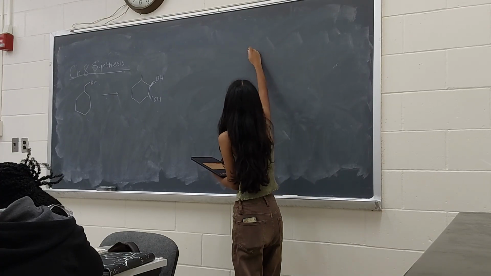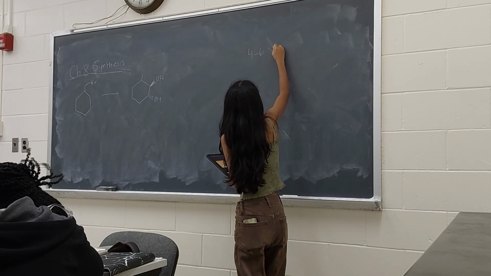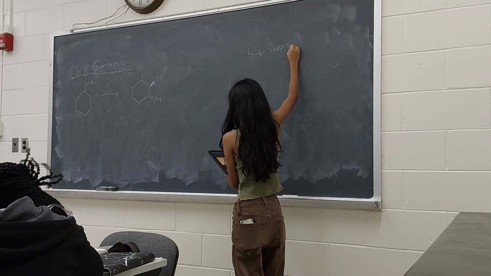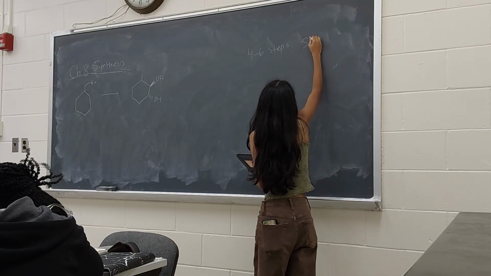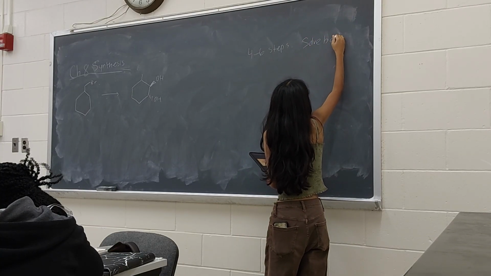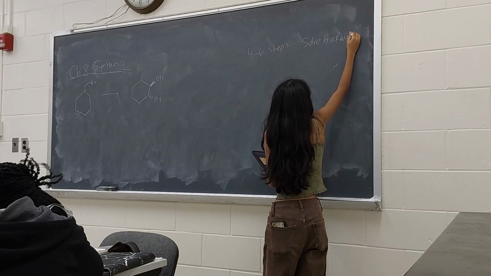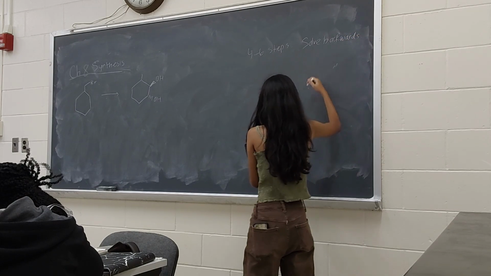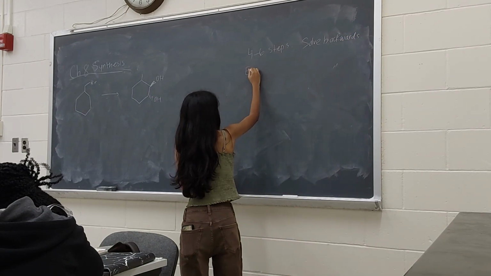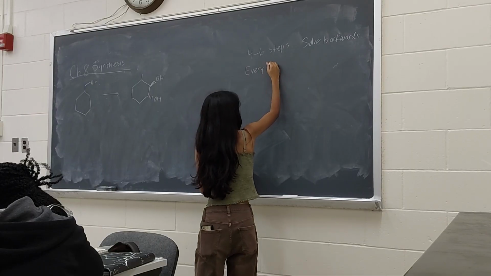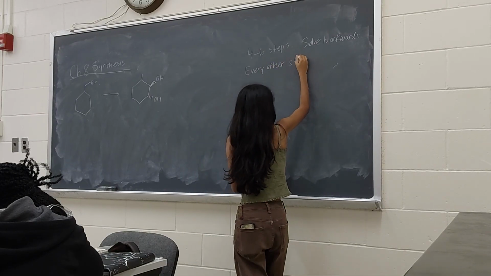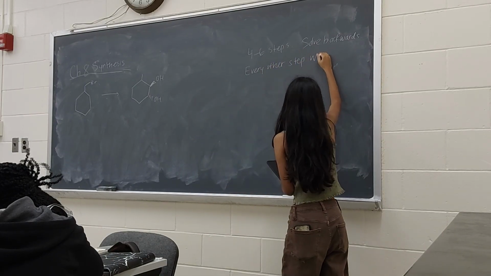Synthesis will be about 4 to 6 steps. You'll want to solve backwards. Every other step will be an alkene.